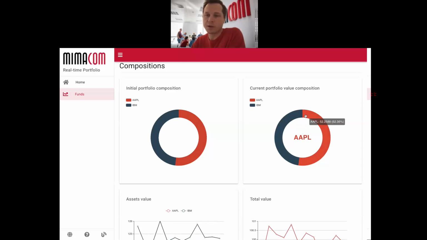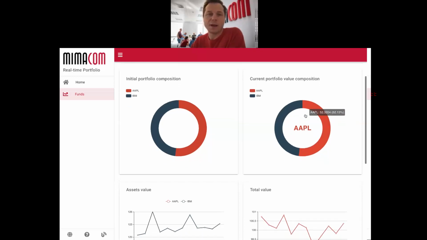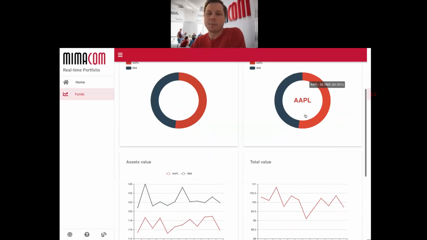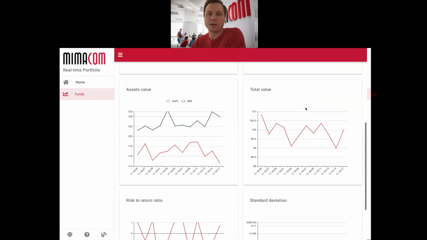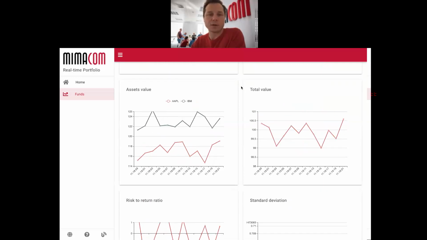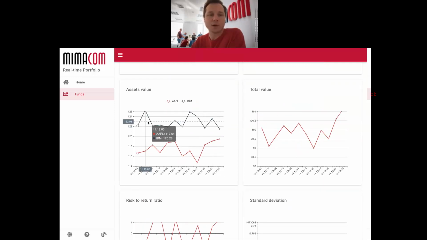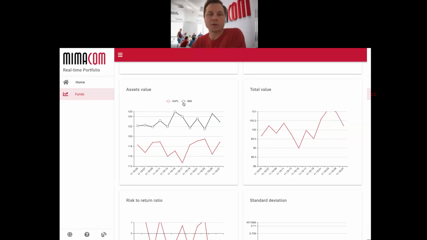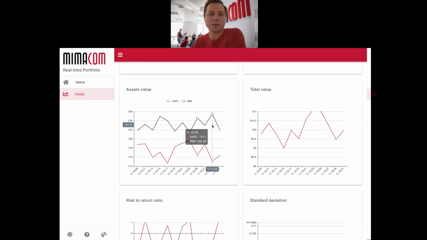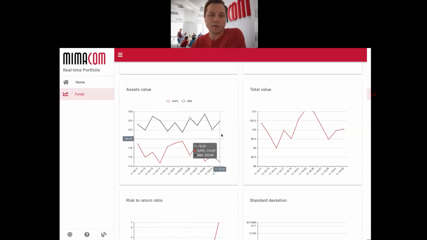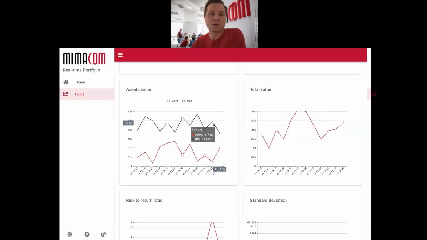It's because the values do not differ that much, but what happens with time you can see on these graphs. Here you can see the 2 assets, 2 securities, which are part of this fund in this case, and their values differ from one second to the next, but not that much.